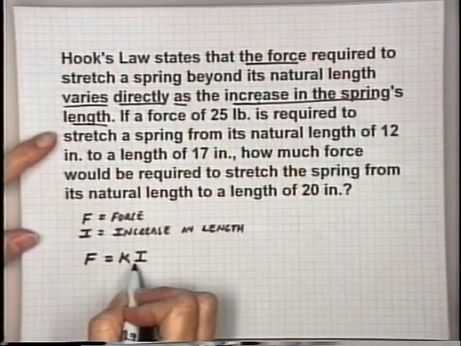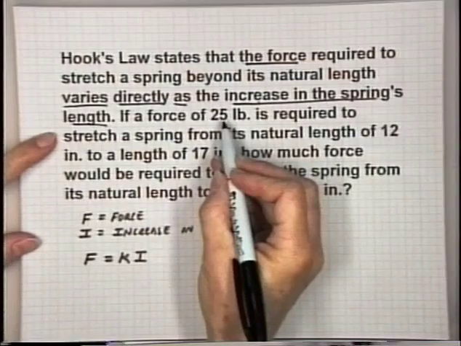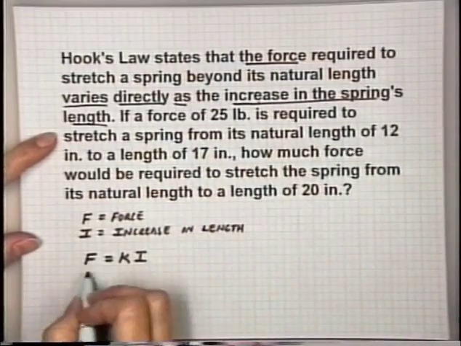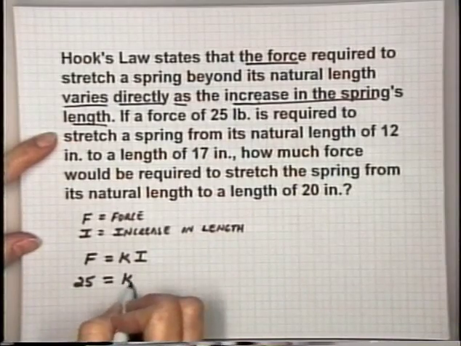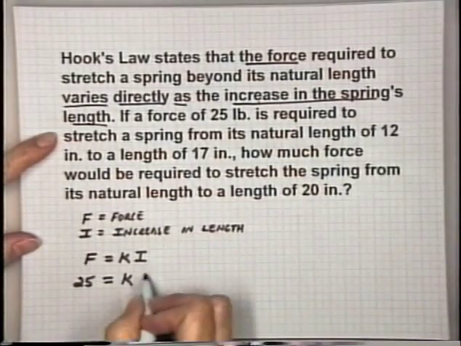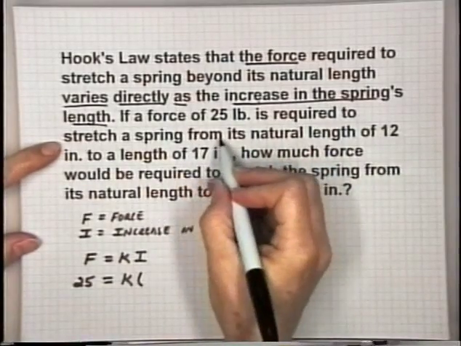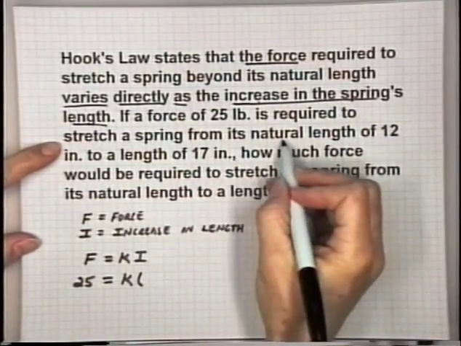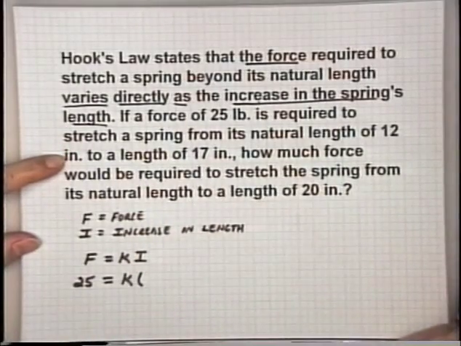Now, let's look for information. A force of 25 pounds, so that would be what? That would be F, wouldn't it? We know F is 25 here, equals, and we're going to be, of course, looking for K. Let's look for increase in length. We stretch the spring from its natural length of 12 to a length of 17 inches.